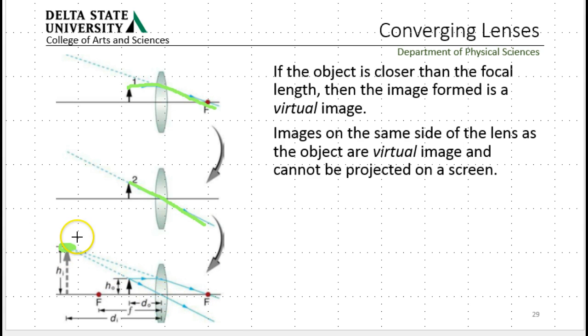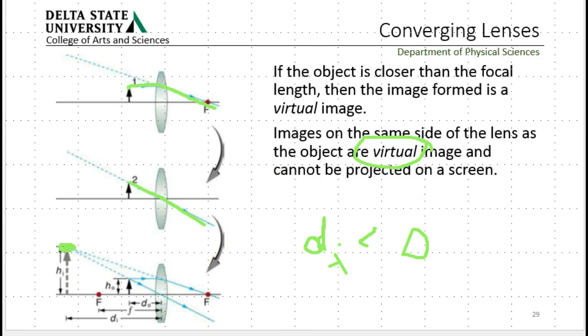The light's not going there; that's just where it appears to come from. So this makes it a virtual image. In this example, the distance to the image is negative, because it's over here, away from where the light is actually going.